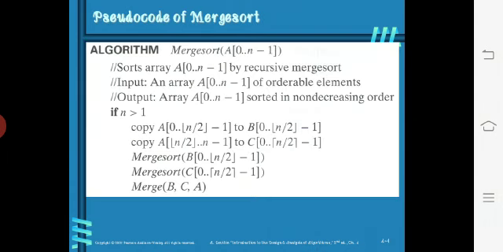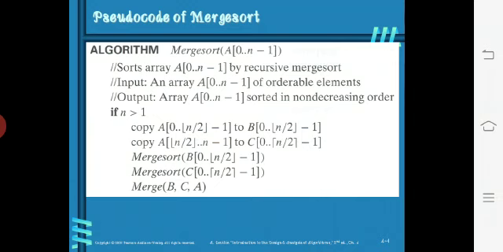We'll see the algorithm of merge sort. We're going to divide our problem into 2 instances. My A, which is of size 0 to n minus 1, is divided into 2 sub-problems.